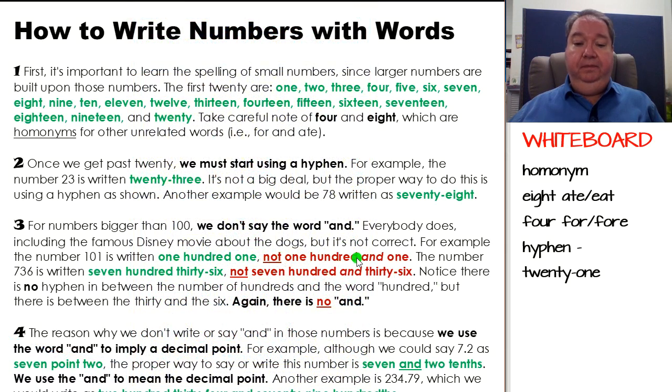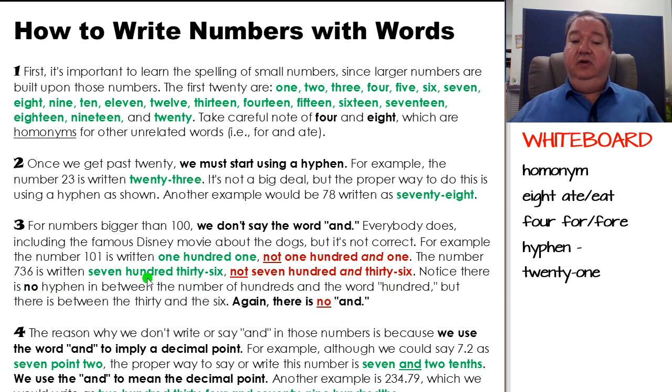Okay, so let's go back here. The number 736 is written seven hundred thirty-six. Now notice the thirty-six, we still have the hyphen here. Not seven hundred and thirty-six. Okay, it's just seven hundred thirty-six. Notice there is no hyphen in between the number of hundreds and the word hundred.